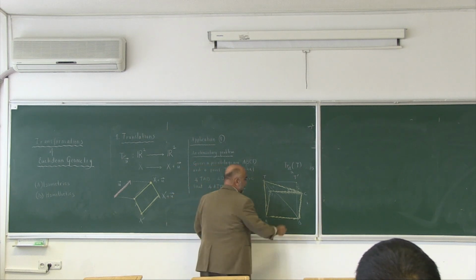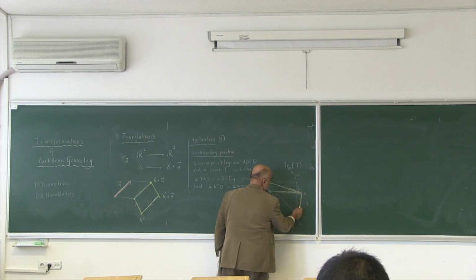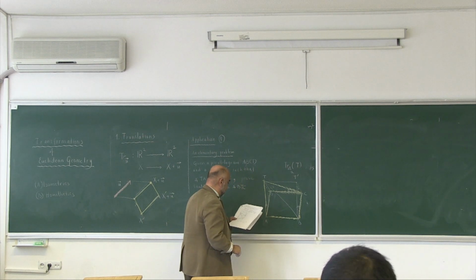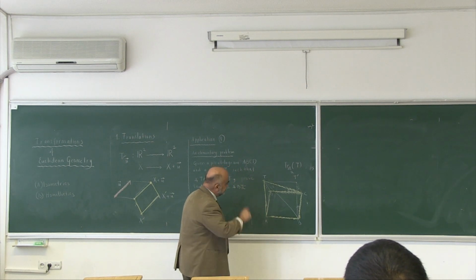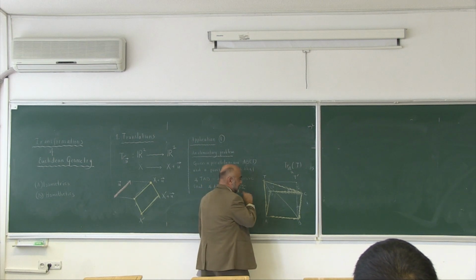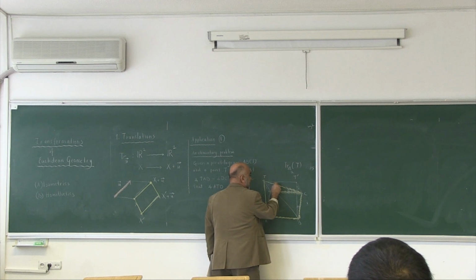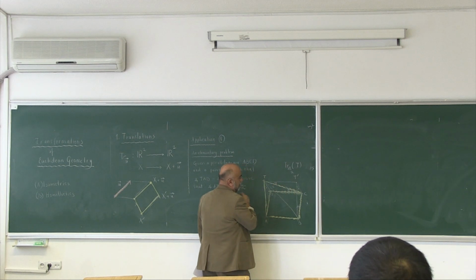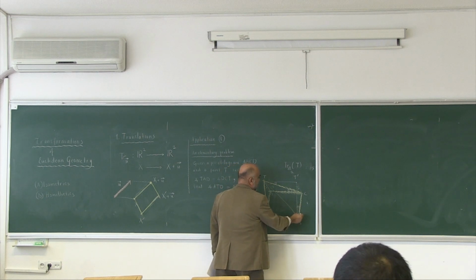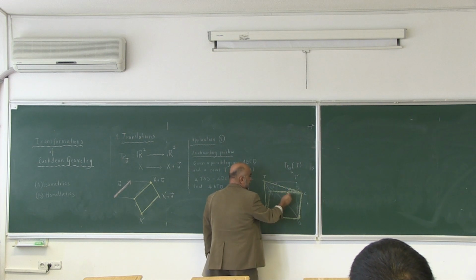Besides, of course, this angle here, the angle CBT prime, is the same as this. So what does this tell me? Since this angle and this angle are equal, so is this angle. That tells me that the angle CBT prime and the angle CTT prime are equal, so these two are equal.